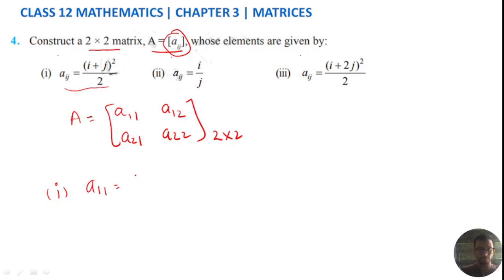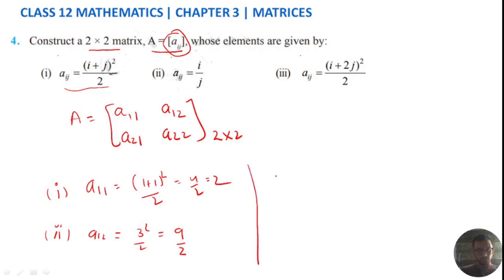So A11 will be (1 plus 1) whole square divided by 2. That is 2 square, 4, divided by 2, that is 2. Then next is A12. It will be (1 plus 2), 3 square divided by 2. That is 9, 3 square is 9, so 9 by 2. Now next, A21.